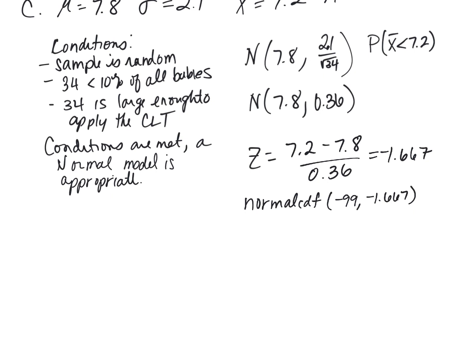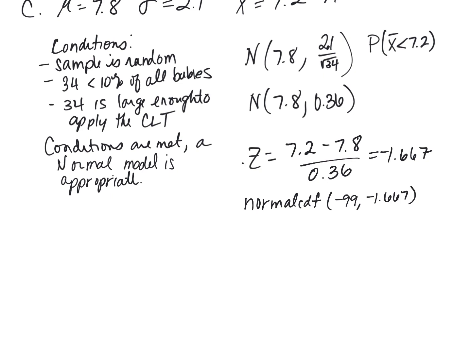And we can say right here after our z-score is only 1.67 that no, it's not unusually low because 95% of the time the average will be within 2 standard deviations of the mean, and this average is within 2 standard deviations of the mean.